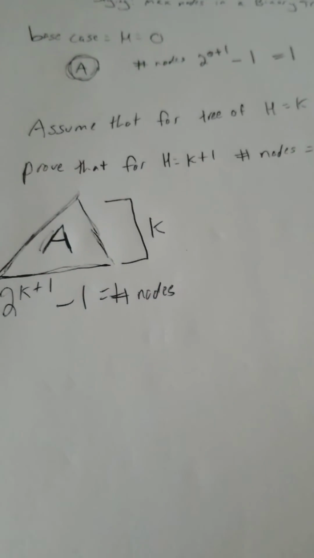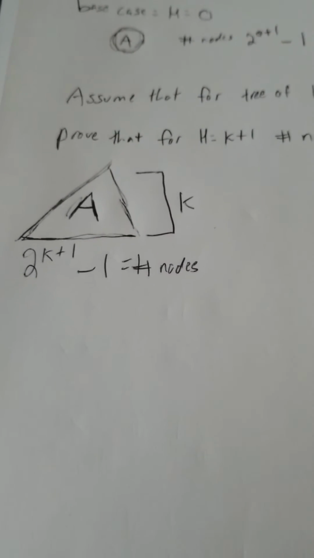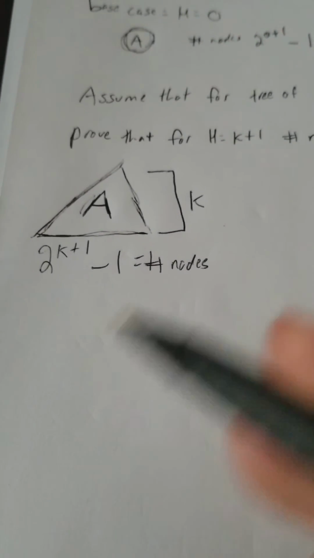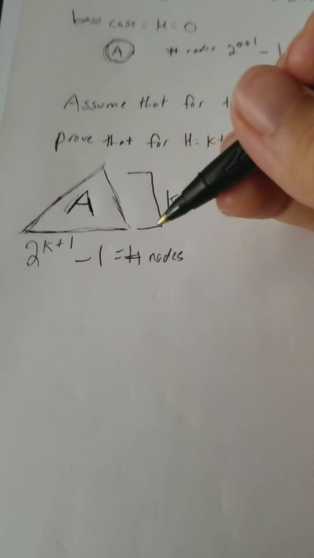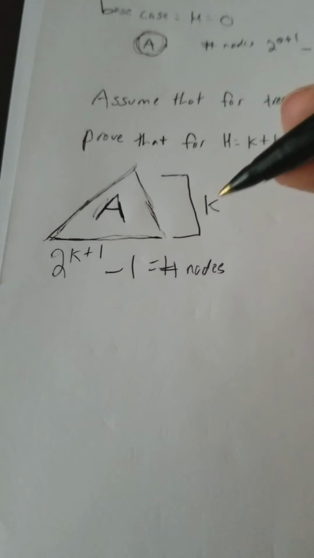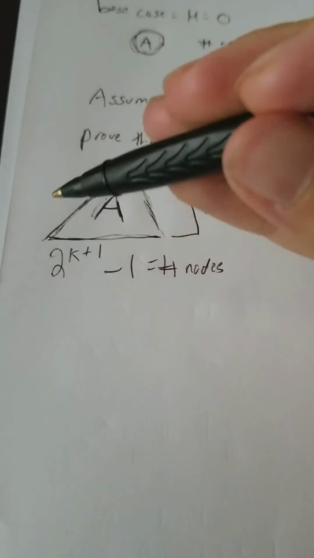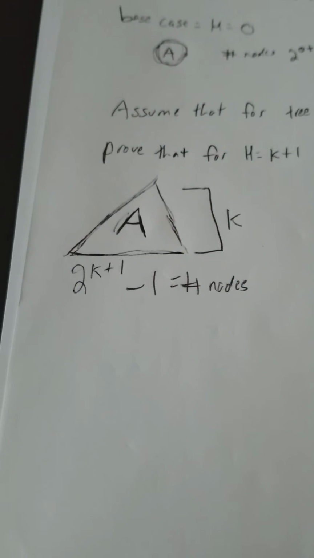If we wanted to get a tree of height k plus 1, what that means is we would have one more level of nodes underneath A. Everyone see how that works? So, because it's a perfect binary tree, if we were going to add one more level to this tree, which would increase the height by 1, we'd have to have nodes coming off of the end of each of the current leaf nodes in A. So we can draw that by doing this.